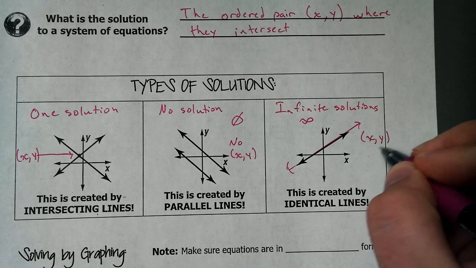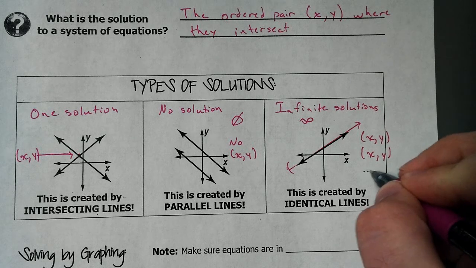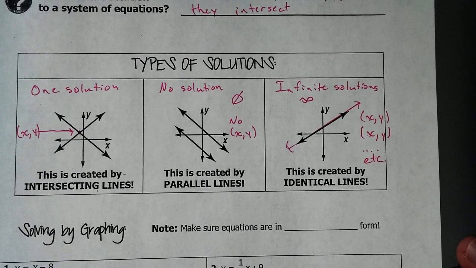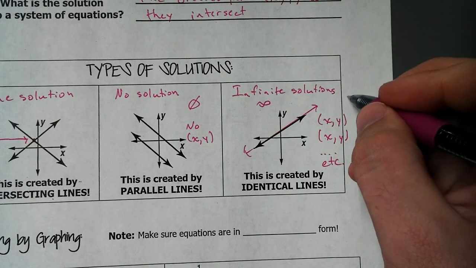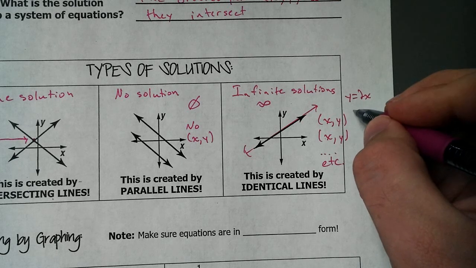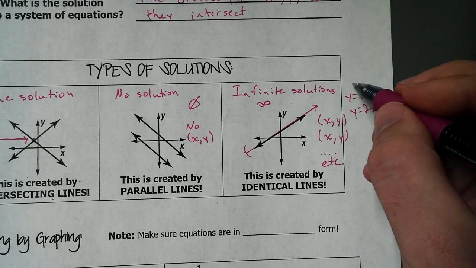X, Y, X, Y, and it just keeps going. Because you'll only get infinite solutions when you have the same line. So, for example, if we had y equals 2x, the other equation would still come out to y equals 2x. Infinite solutions. Okay?